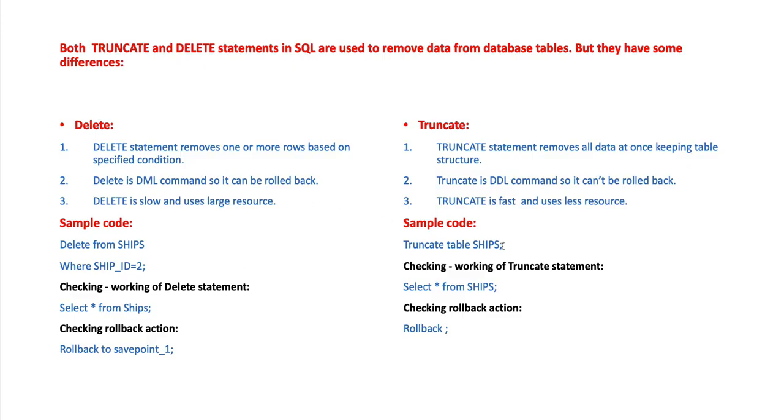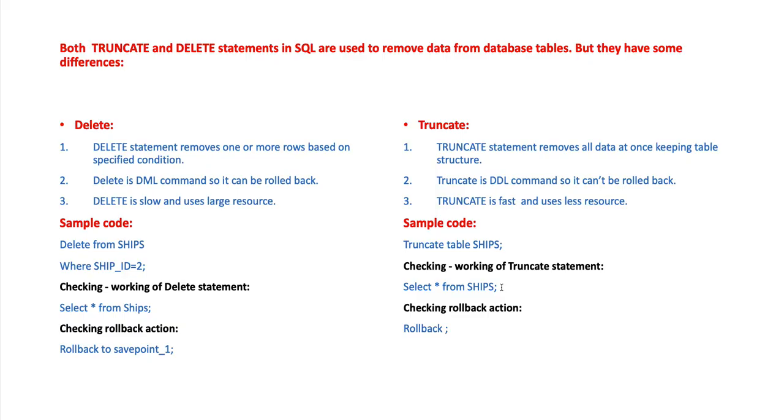But in the case of truncate, the statement used is truncate table SIPs. When we run this code, it deletes all the data from the table. We can check by using the same code, select star from SIPs. When we run this code, we will see there is a table, but the table is completely empty.